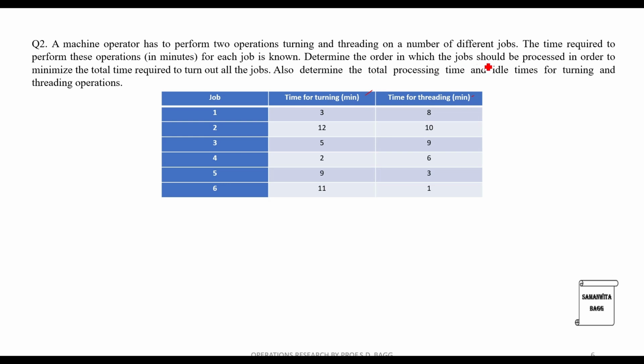Determine the order in which the jobs should be processed in order to minimize the total time required to turn out all the jobs. Also determine the total processing time and idle times for turning and threading operations. So the first thing that we will do is we will calculate the sequence.